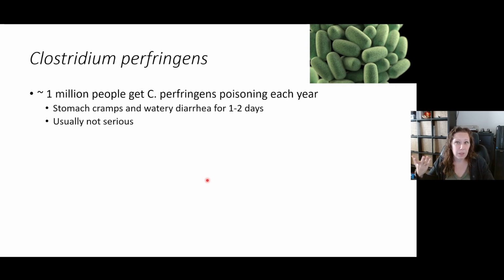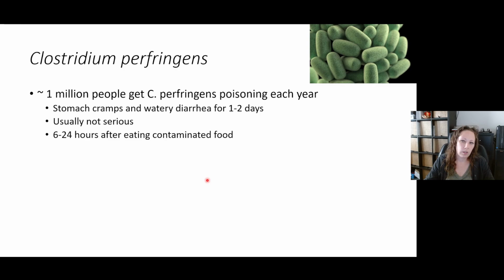That's why you probably never heard of Clostridium perfringens, because it doesn't really typically cause major illness or death. Incubation time for this before you actually start to feel sick is 6 to 24 hours after eating the contaminated food.